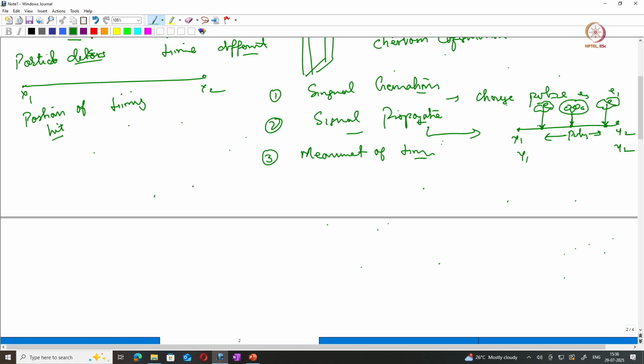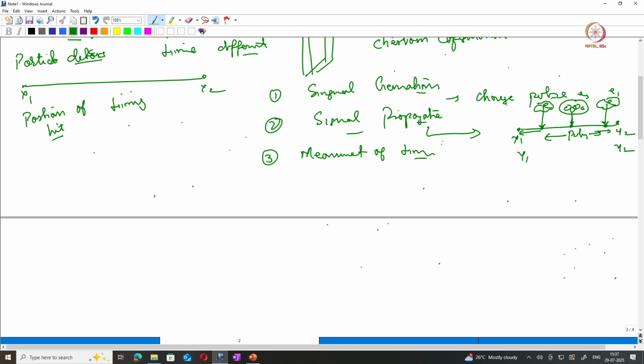So the time taken by the electrical pulse to reach x1 and x2 depends upon where the particle has hit the detector.